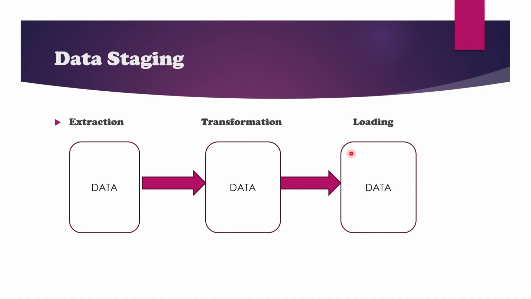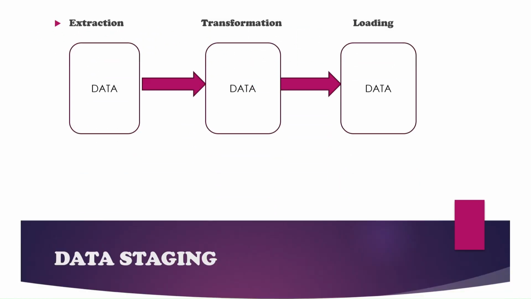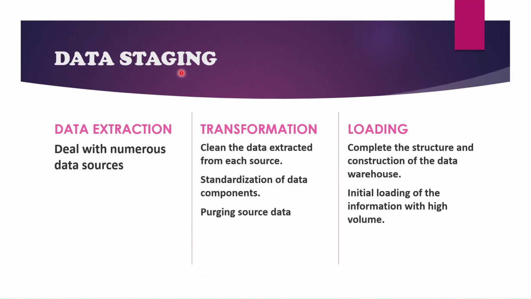See here in the data staging, the data is extracted, and we are dealing with numerous data from heterogeneous sources. In transformation, we cleanse the data from each of the sources. Cleansing activity means cleaning of the data.